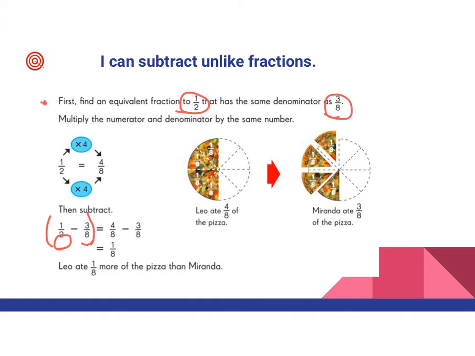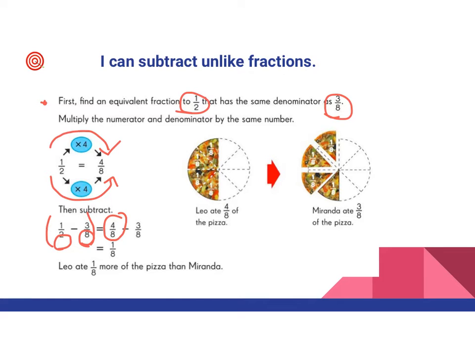And when I see these denominators, I can tell that I can make my 1/2 into a fraction with 8ths as the denominator. So I'd ask myself 2 times what would equal 8, and therefore I would do the same to the numerator, and I'd get 4/8 as my equivalent fraction.